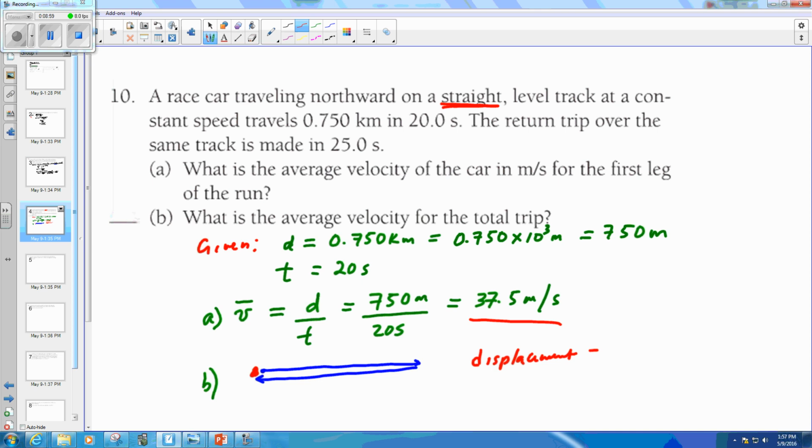Therefore, the average velocity will equal the displacement divided by the time, and what we'll end up with is 0. The time was 20 plus 25 or 45 seconds, but 0 divided by any number is equal to 0. And so the answer to part B is 0 meters per second.